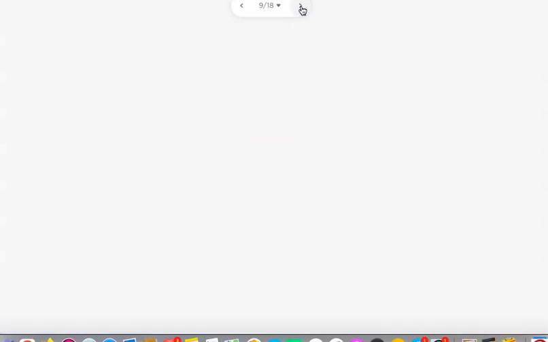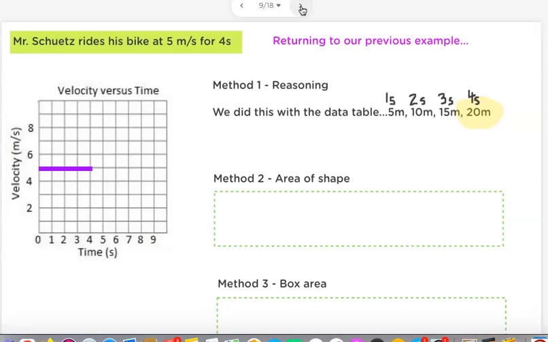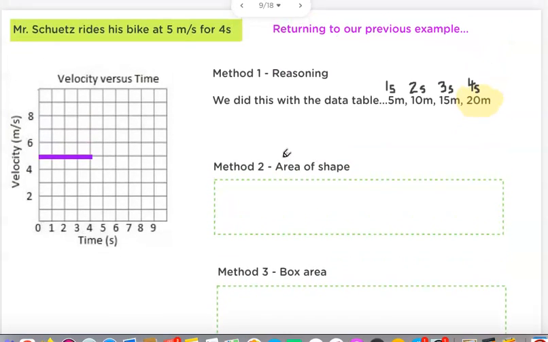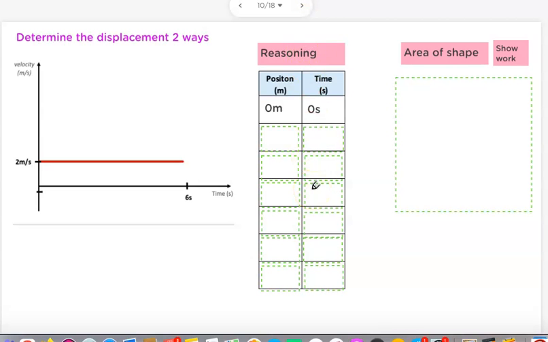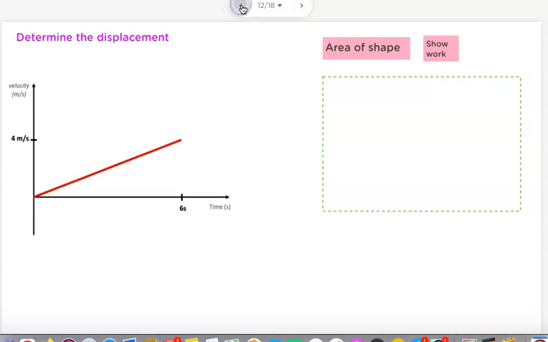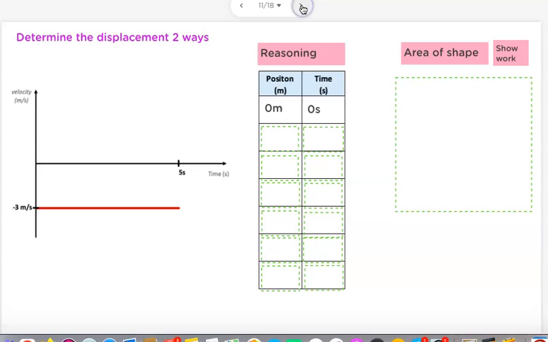After you watch that 7-minute video, you're going to come back to slide 9 and you're going to try this. Okay. And then you're going to go to slide 10. Find the area of this new shape or new object. Slide 11. Notice that the areas can be positive and the areas can be negative.